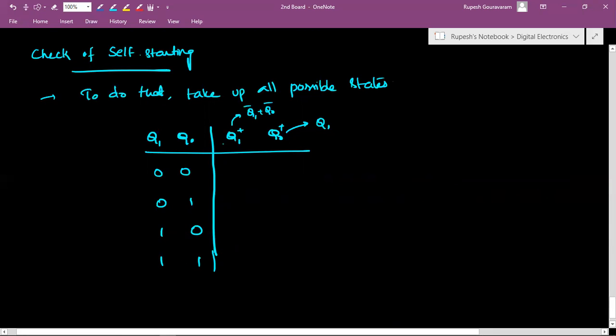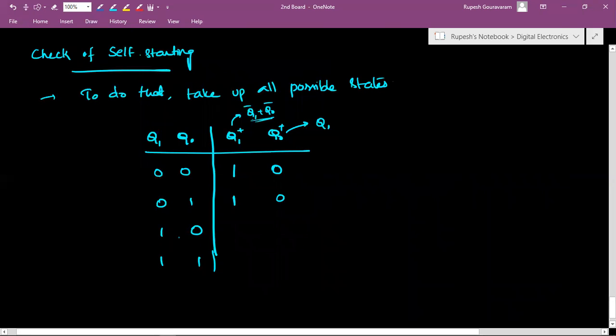In each of the cases, if it is 0 0, what will be Q1 plus? Q1 plus is Q1 bar plus Q0 bar, that is 1 plus 1, that is 1. And Q0 plus is same as Q1, which is 0. And if you take 0 1, similarly with the same Boolean algebra, you will get 1 and 0.